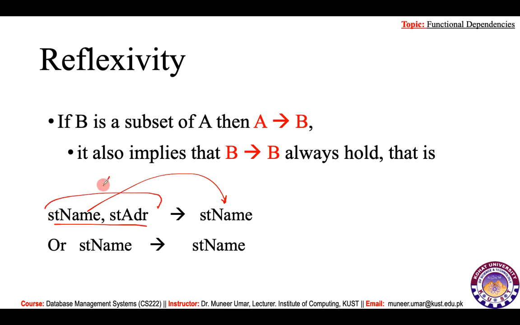This can be called A, and let's say this part is B. This is a subset of A. So if we have A, B is a subset of this A, then this will also determine B. Similarly, this rule implies that an attribute can be used to determine itself. Here, student name determines itself, so this is also possible according to the reflexivity inference rule.